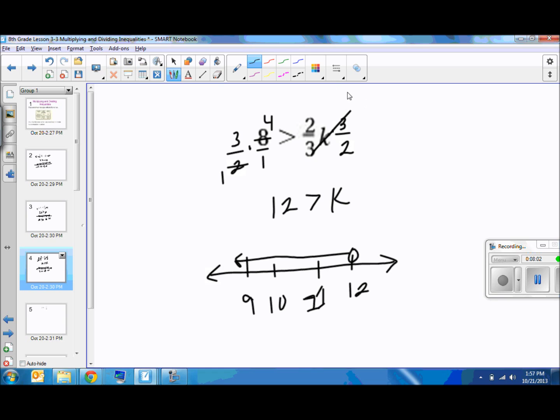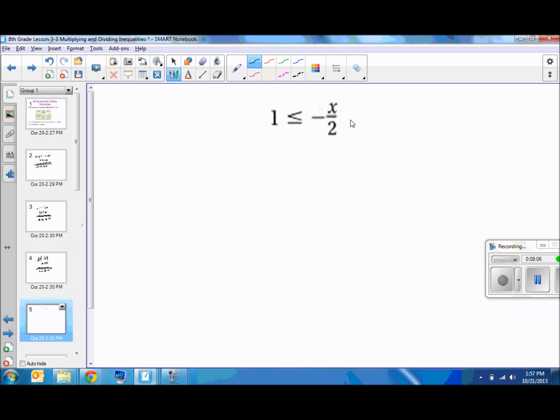Remember, when you have a fraction, you multiply by the reciprocal of the number next to the variable. Here I have a negative, so I'm going to multiply both sides by a negative 2. Bring down the x. Because it's a negative, I'm going to circle the sign, so I remember to flip the sign. And then it's a negative 2.